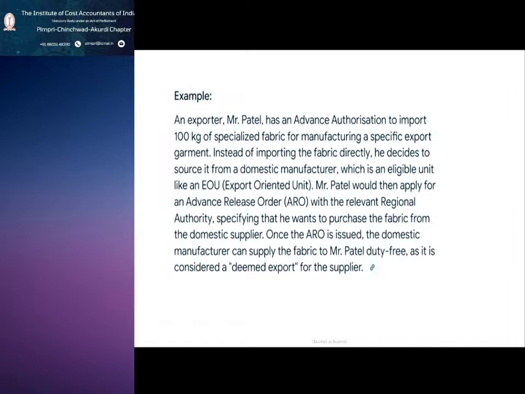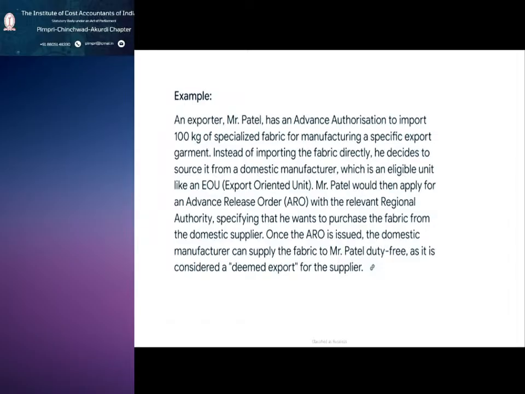So Mr. Patel applies for an advance release order with the relevant regional authority, specifying he wants to purchase the fabric from the domestic supplier.